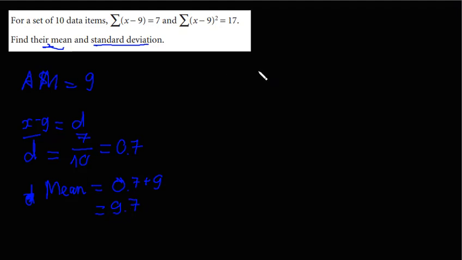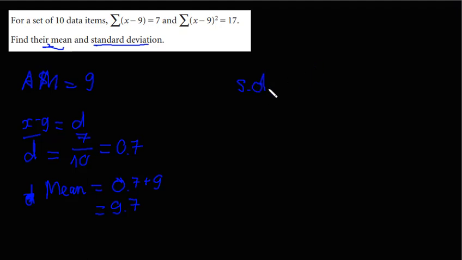In the next part, we will find the standard deviation. Here we have the sum of x squared for the new data set, with 9 subtracted. So we have the sum of squares and we have the mean, and we use the formula to find the standard deviation.